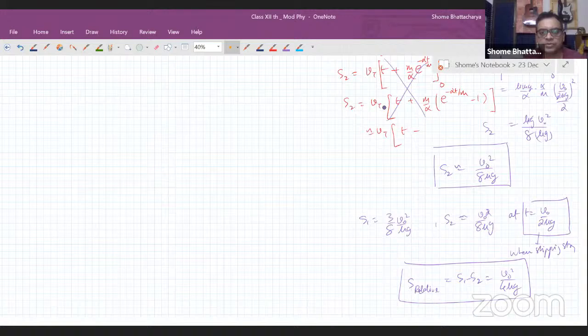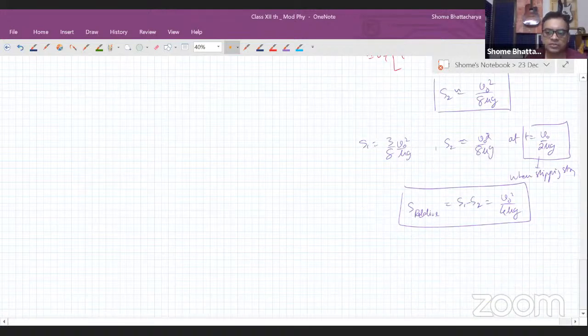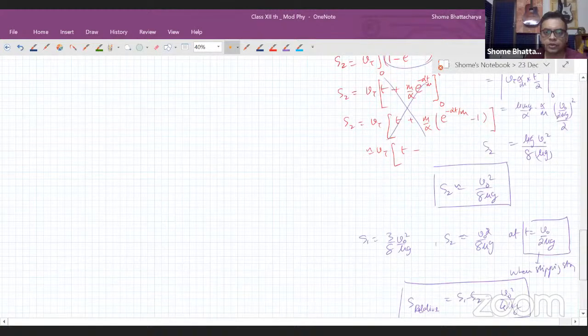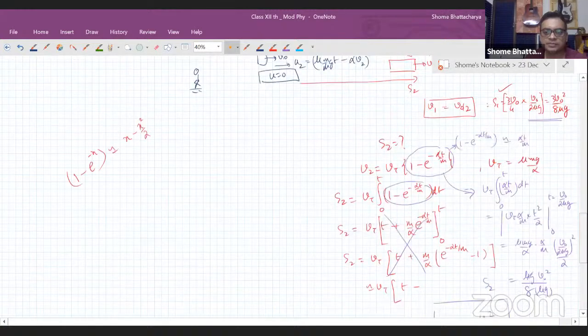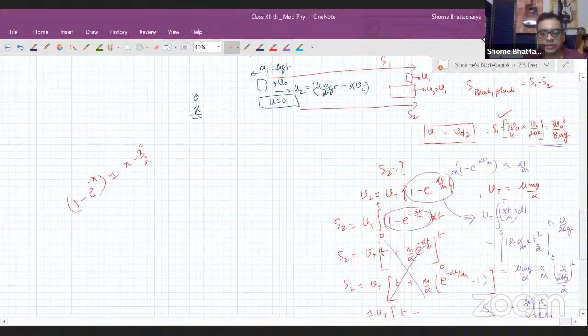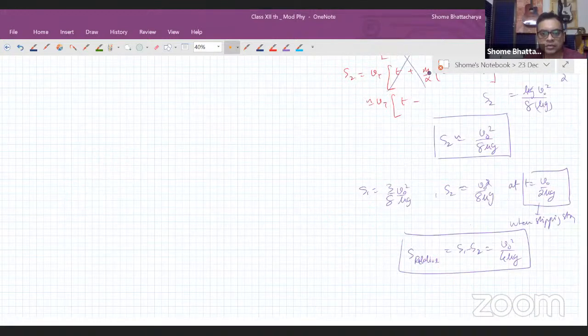But the first part is to find the displacement of the block with respect to the plank. So I hope all of you understood why that will be the displacement, because after this, there is no more relative displacement. Okay, Samyak, I'll check. So Ganesh, if you can just confirm, does this answer match with the answer key you have?